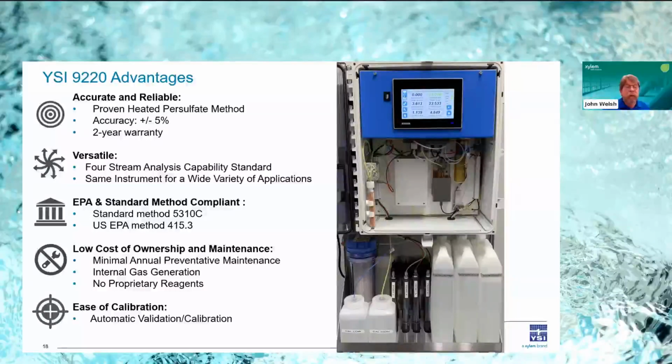These are very common reagents that are easily available from us. They're available from a number of places, or in a lot of cases, they can be prepared by yourself. It also offers automatic validation and calibration capability if you choose to use that.